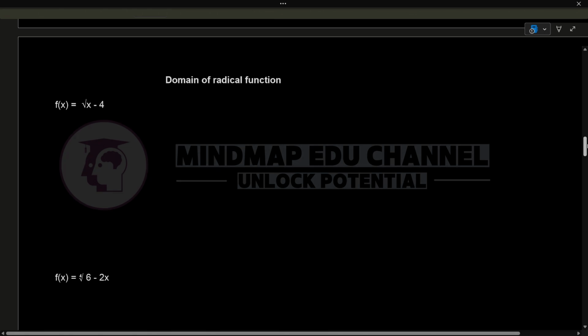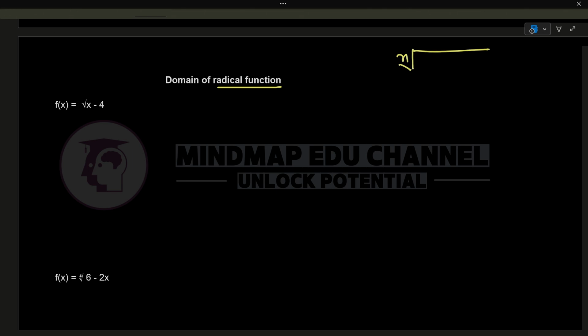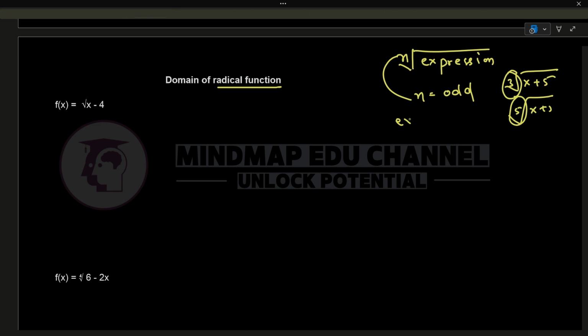Now, let's see how to find the domain of a radical function. Okay, before we do the sums over here, let me explain a few basic things about radical functions. In a radical function, you normally have an expression like this. If this index n is odd, for example 3 under any expression like x plus 5, or like 5 and any expression here, in that case your expression will always be a real number.